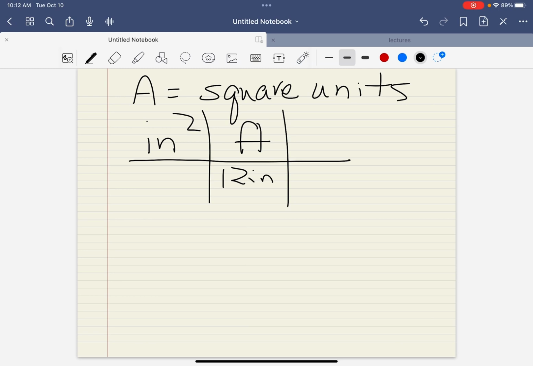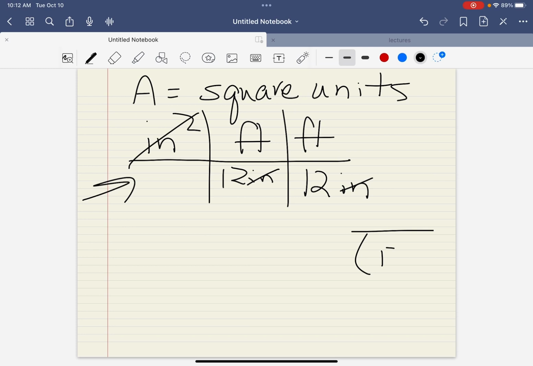So we have to write that conversion twice in order for inch times inch to cancel square inches. So when you write the answer, you have to show it like this. But when you write the answer, it's okay to put a 12 with a square on it. And then the units up here. Okay, but you have to do the conversions twice for area.